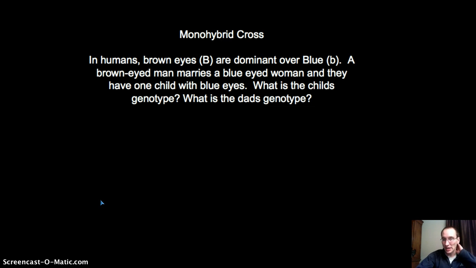If you want to pause it and try to give this one a shot before I go ahead and do it, you could do that. In humans, brown eyes is dominant over blue eyes, and a brown-eyed man marries a blue-eyed woman, and they have one child with blue eyes. What is the child's genotype, and what is the dad's genotype? This one is a little different. We really don't even need to use a Punnett square.